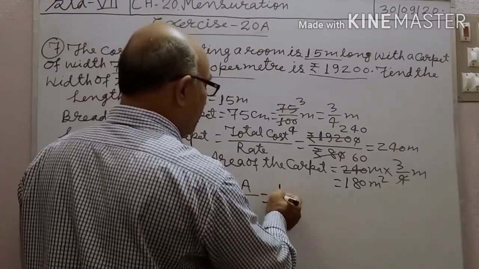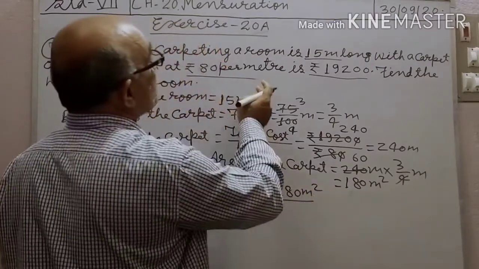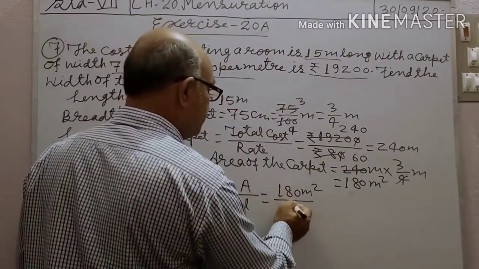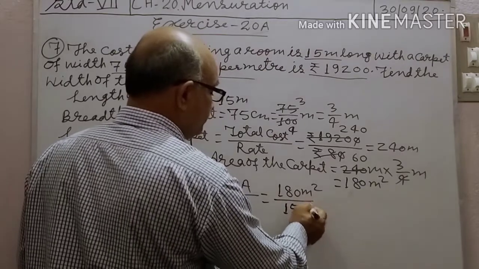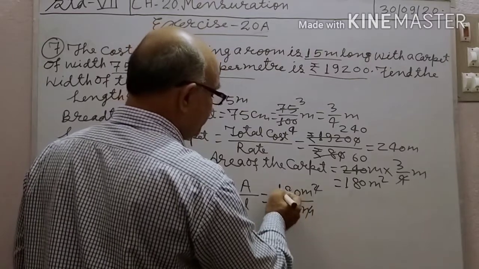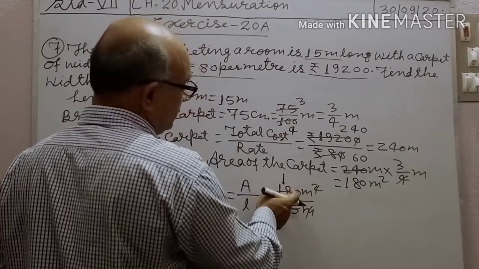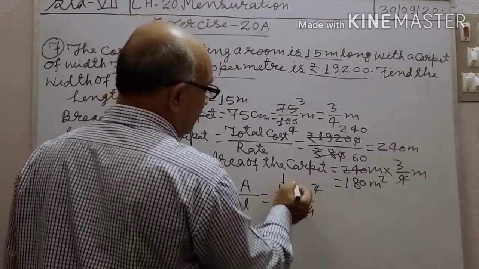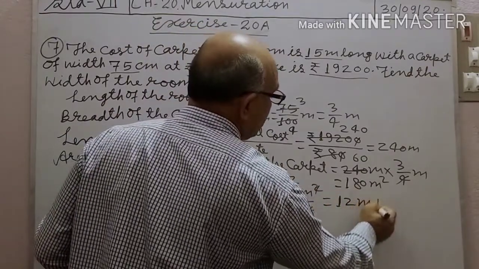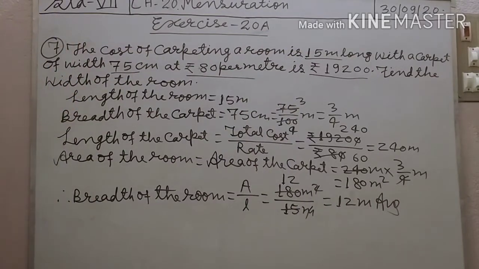Area equal to 180 meter square, by length of room, 15 meter. Meter square and meter cancel. And 15 times 1 is 15, 15 times 2 is 30. So equal to 12 meter is the answer of this question. So understand and write it.